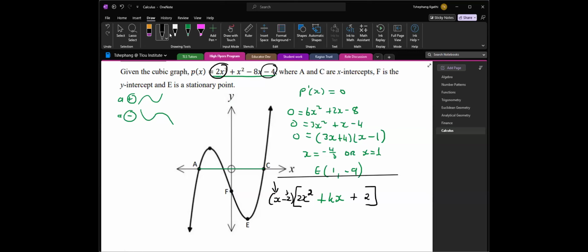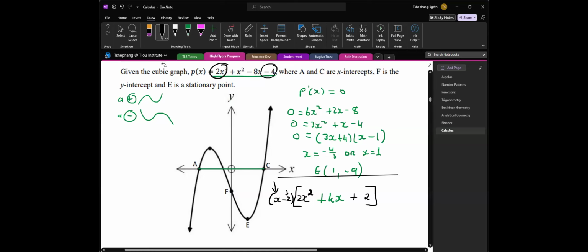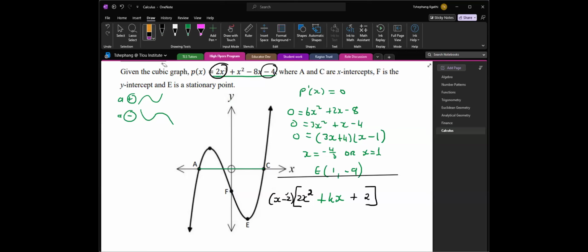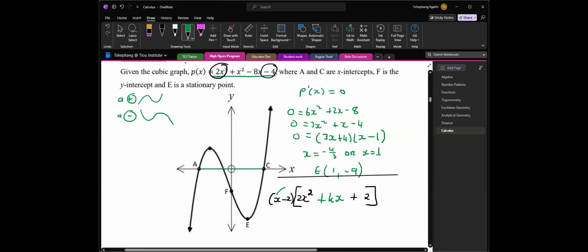Now, I'm going to multiply out everything in the bracket so that I can show you what I am actually doing. Just bear with me for a second.